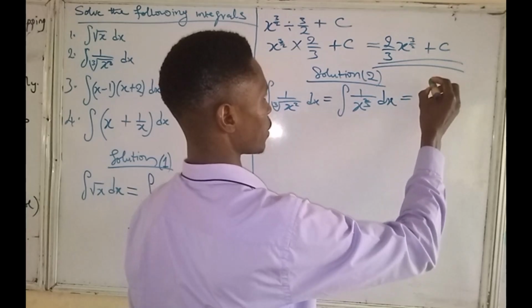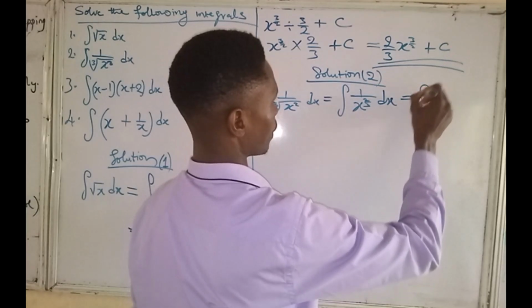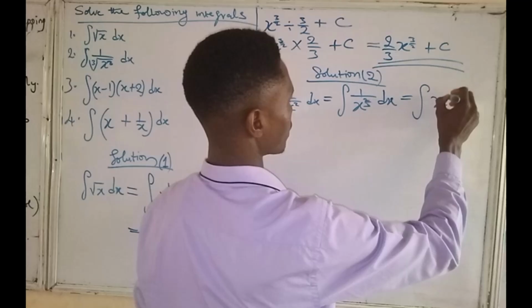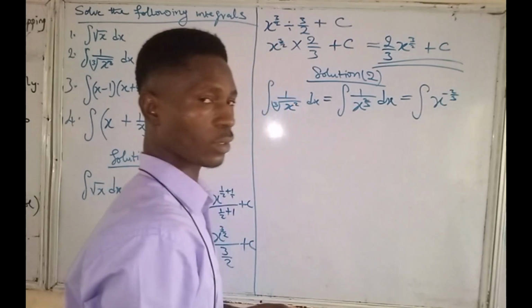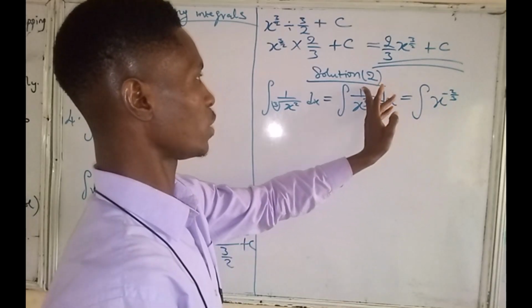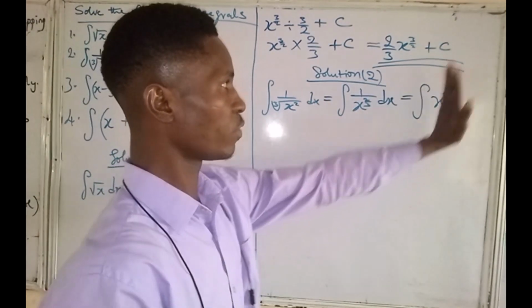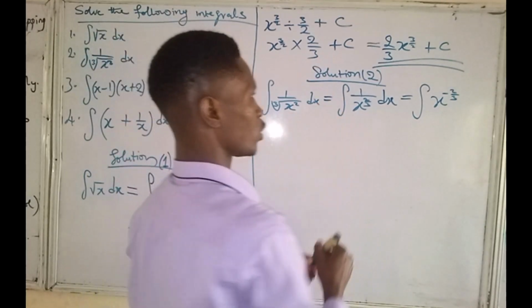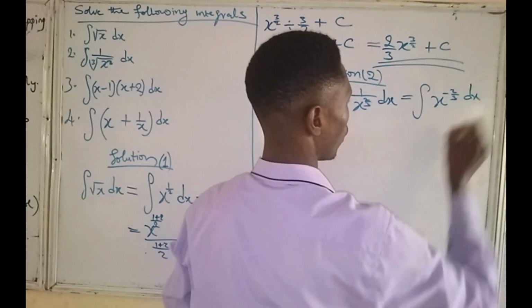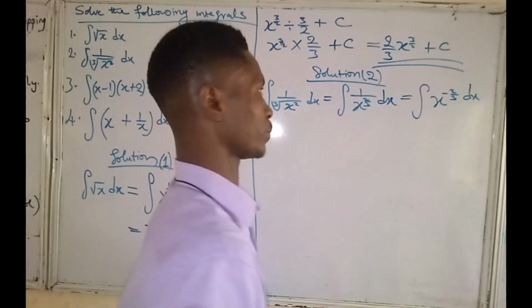So we can further exemplify this to x to the power of minus 2 over 3, yes, because of this 1. We moved everything to looking linear and no longer a fraction. So these are all laws of indices.